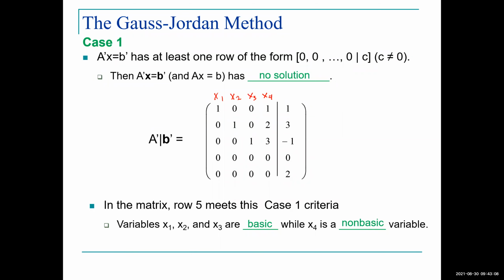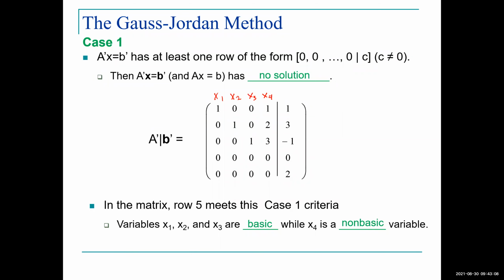Then the second case is the one where, suppose that you know that case 1 does not apply. So you don't have a row with zeros and the right-hand side different than 0. So you eliminate that case. Now you move to case number 2. Suppose that case 1 does not apply and the set of non-basic variables is empty, which is what we are representing here.